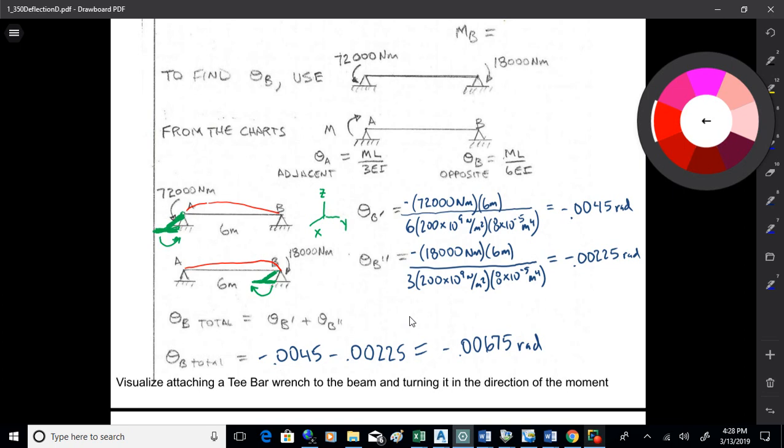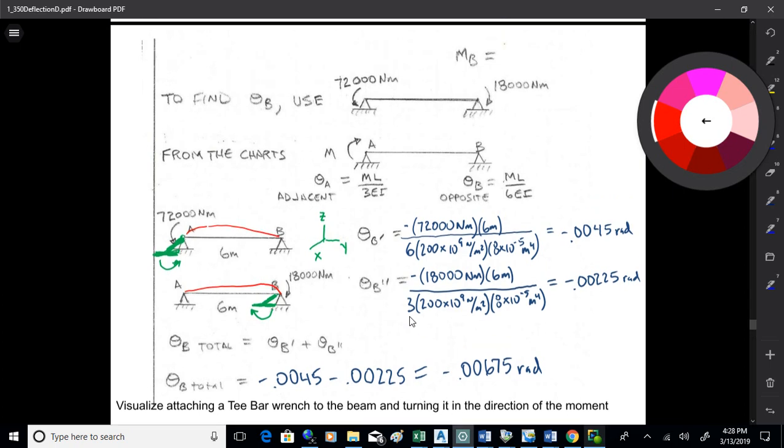Okay. So that's negative 0.00675 radians. That's the angle that we'll see in this beam, okay?